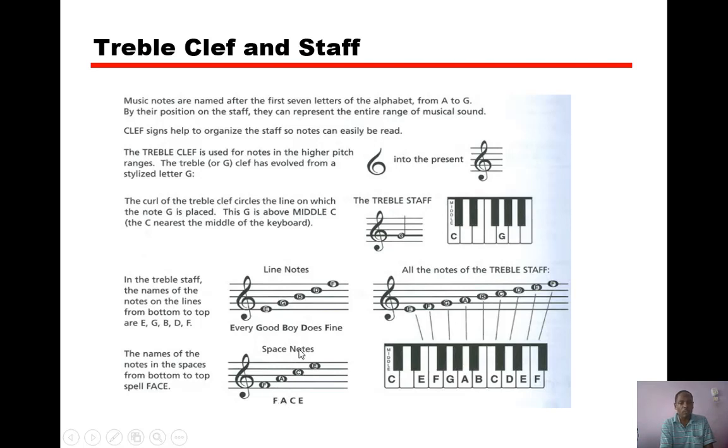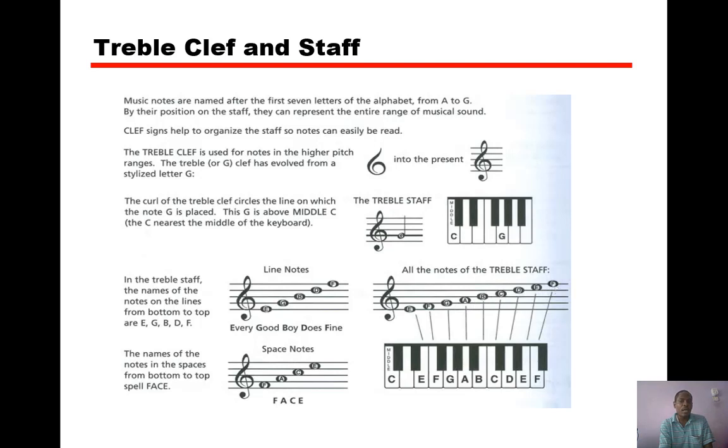So if you are to put the treble lines and spaces together, first of all, let's look at the lines: E, G, B, D, F, and the spaces are F, A, C, E. Now when you put them together, you get E, F, G, A, B, C, D. So after F, what is the next letter?